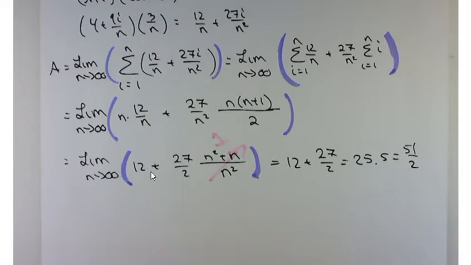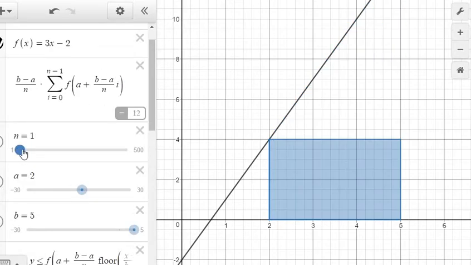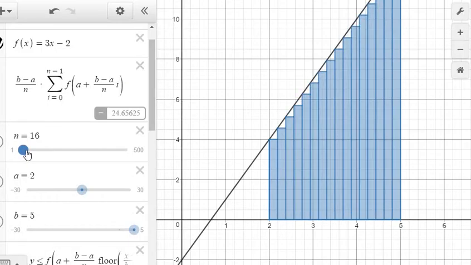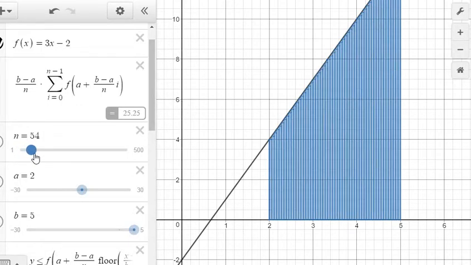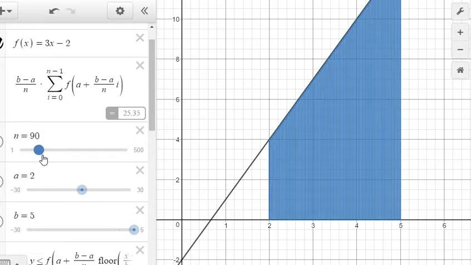Let's look at it with our little Desmos kind of app. So I've replaced our function here, starting out at n equals 1, etc. And it takes a while. So at n equals 60, 25.275.